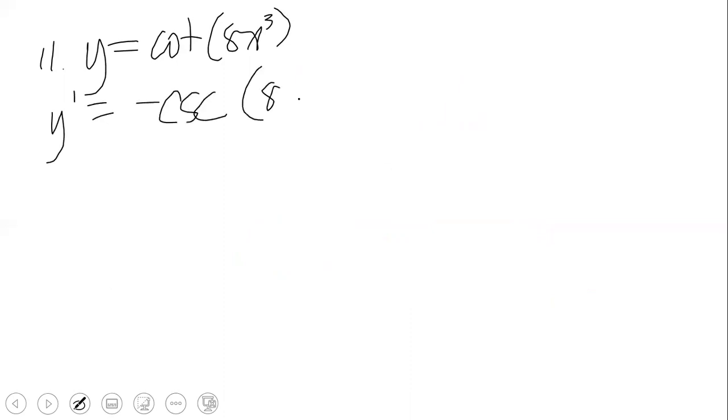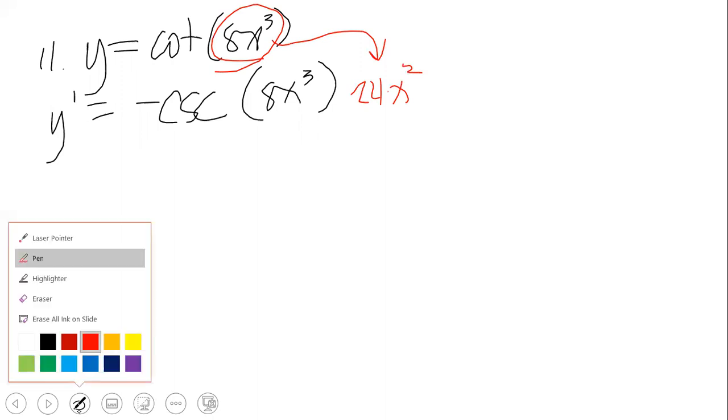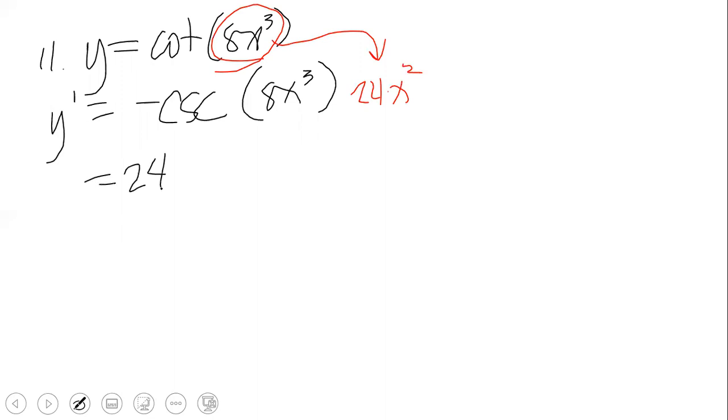Angle, kopyahin natin angle, 8x cubed. Tapos yung derivative ng angle natin, lagay natin dito. So that will be 24x squared. So rewrite na lang natin lahat. So therefore, ilan na to? That will be negative 24x squared. Tapos cosecant angle 8x cubed.